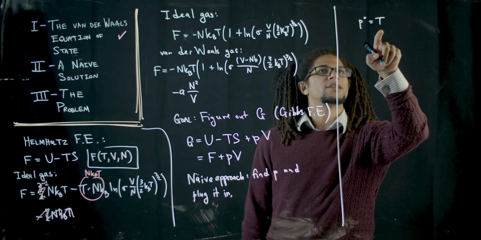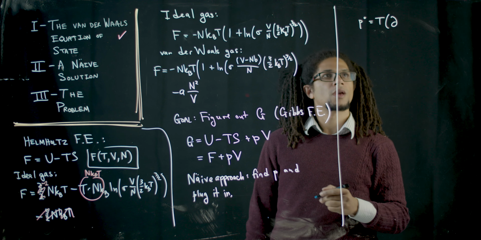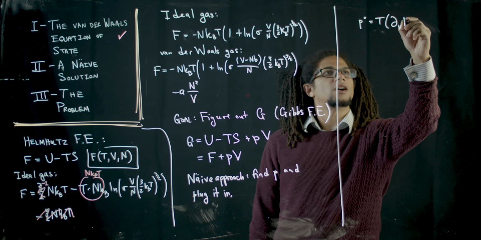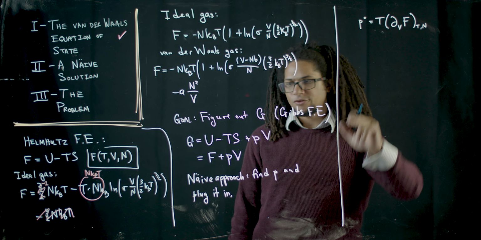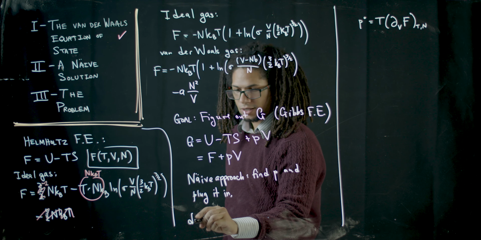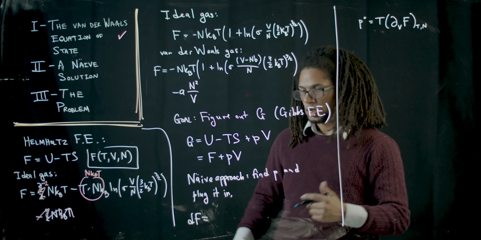Okay, so as usual, this would just be the partial with respect to V of F, while fixing T and N. And if you're not familiar with that, let me just write the thermodynamic identity for F, which you will have seen before.